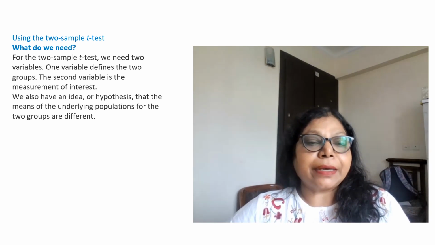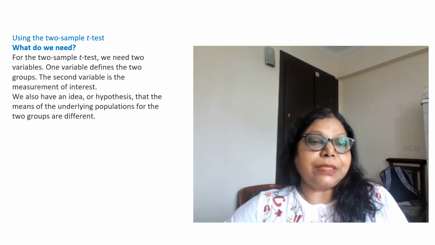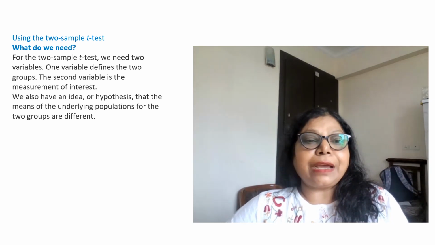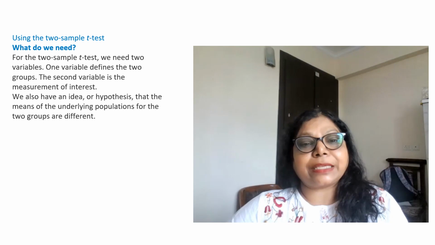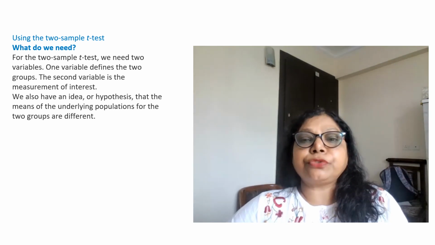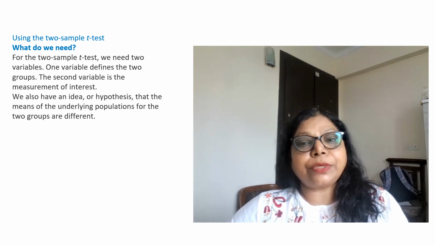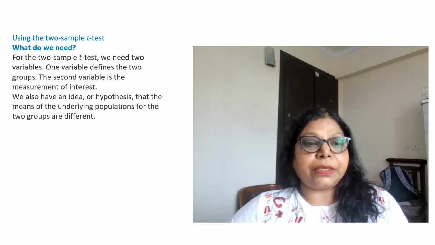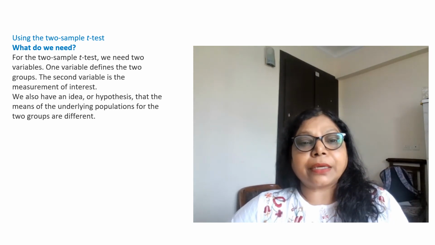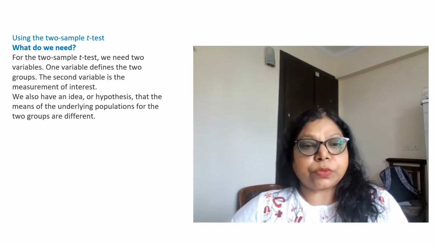Let's understand it through a couple of examples. For example, we have students who speak English as their first language and students who do not. All students take a reading test. The two groups are the native English speakers and non-native speakers. Our measurements are the test scores.